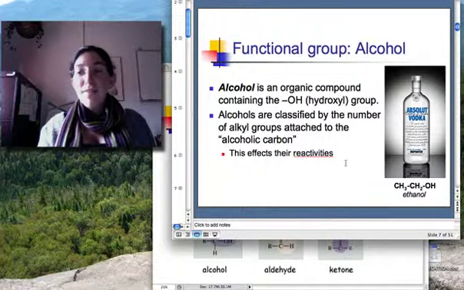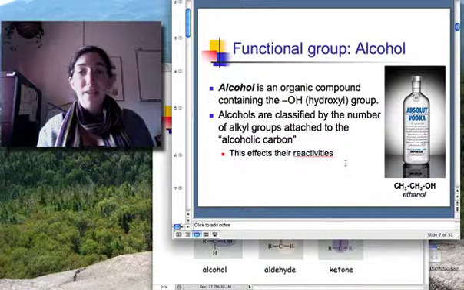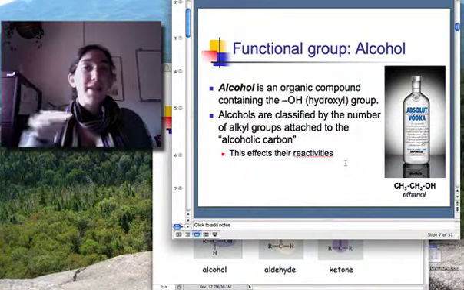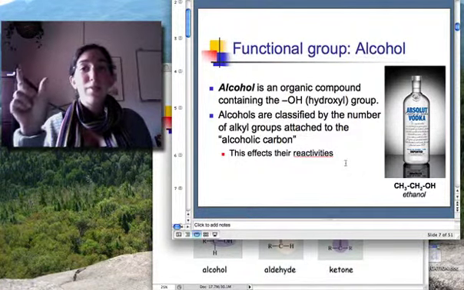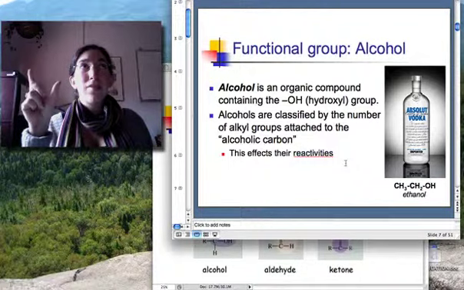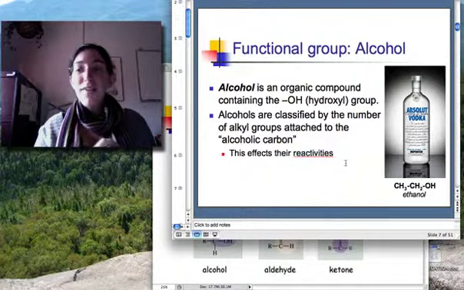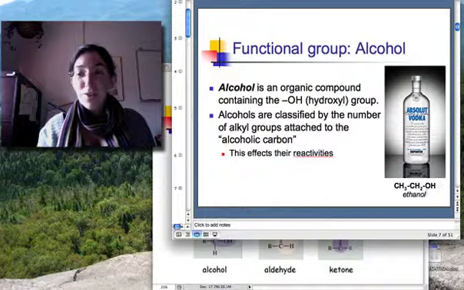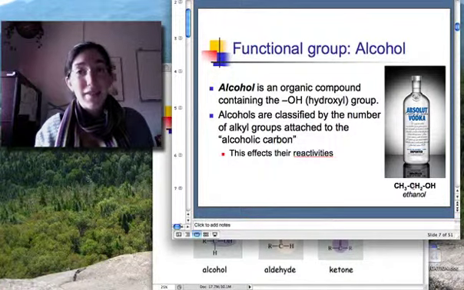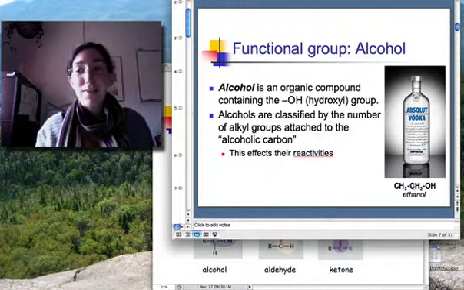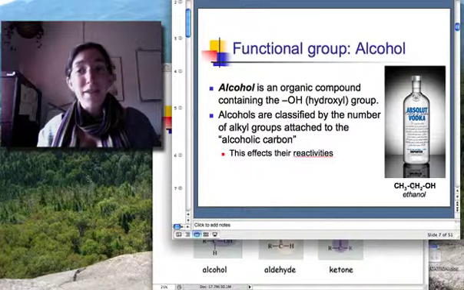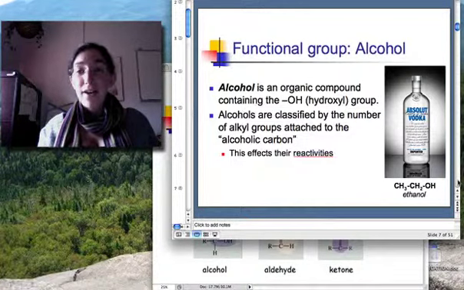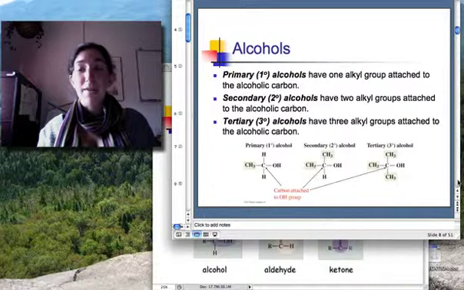So alcohols can be classified based on the carbon that the alcohol functional group is bonded to, in this case this second carbon here, which is referred to as the alcoholic carbon because that's the one that the alcohol is bonded to. So alcohols can be classified based on how many other R groups this alcoholic carbon is bonded to.